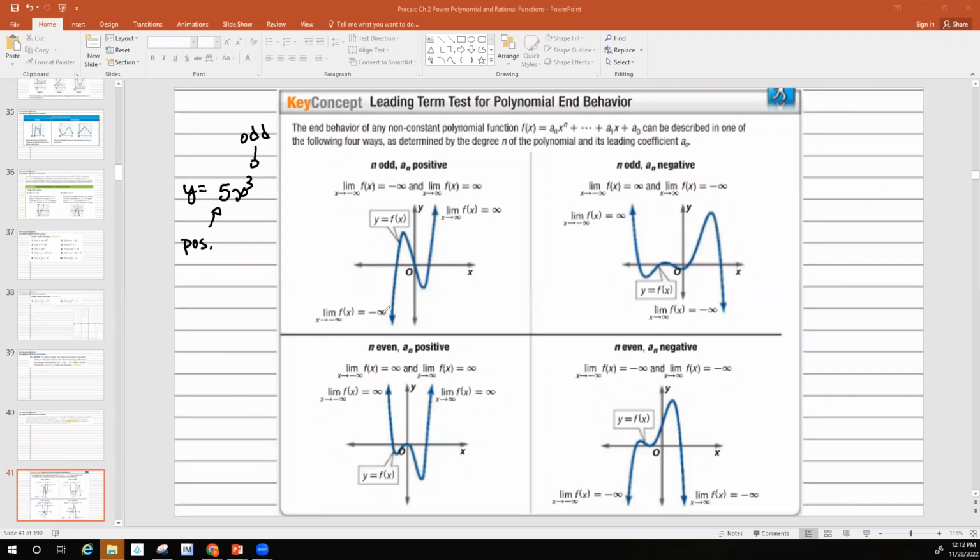Ultimately it goes up, it's increasing. Here, negative 5x to the 7th, our degree is odd, and this is a negative lead coefficient. So that's why it starts from the top and then ends up on the bottom.